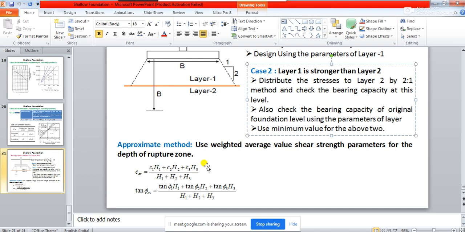After you calculate those, you find the bearing capacity value using them. Is it clear? Is there any doubt till this point?